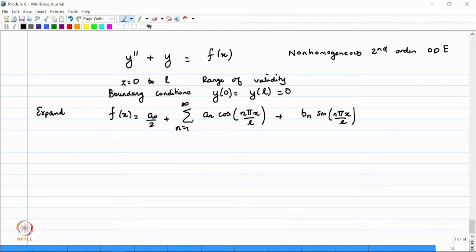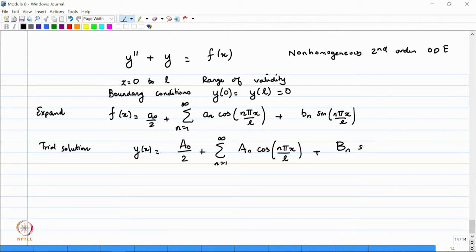We know how to calculate a 0, a n, b n, etc. Then what you do is you take a trial solution y of x, and we will take some other Fourier series, I will just call it capital A 0 by 2 plus sum over n equal to 1 to infinity capital A n cosine of n pi x by L plus capital B n sine of n pi x by L.